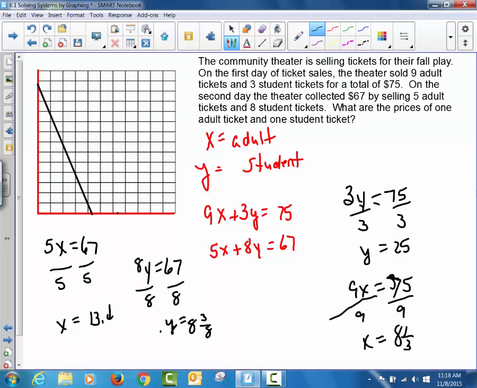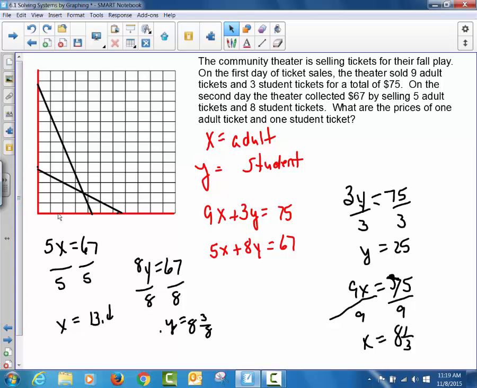So we come over here and we graph 8 3/8, 2, 4, 6, 8, and about 3/8, let's say. Then we come over here and we draw our line. The marker's acting up for some reason today, so let me see if I can figure this out here. There's our line.